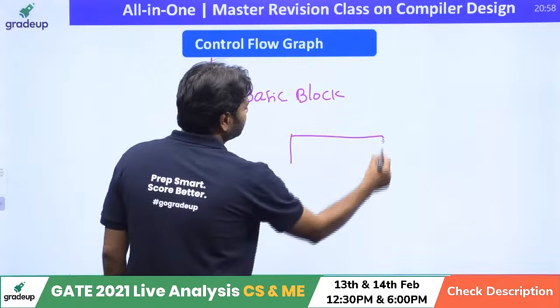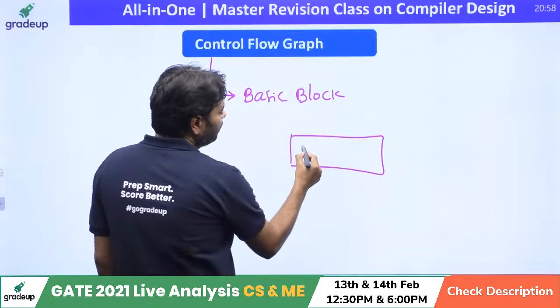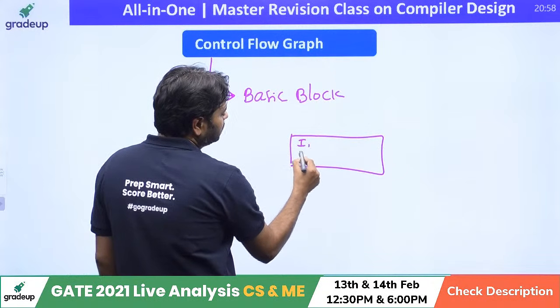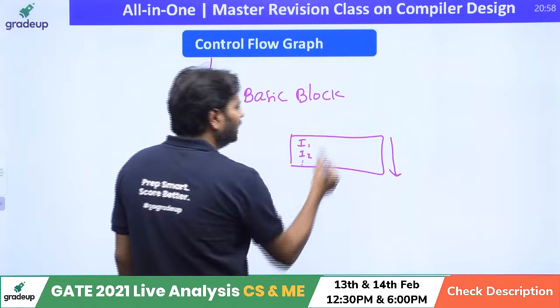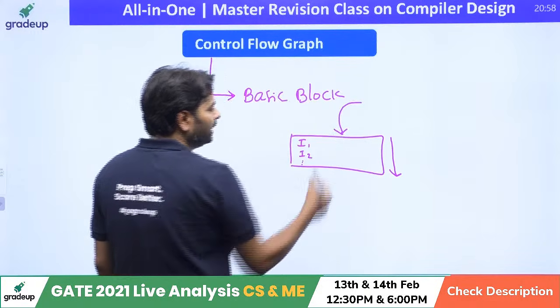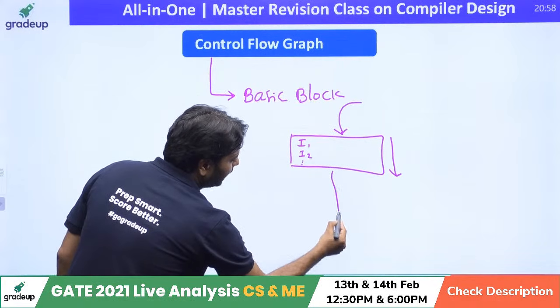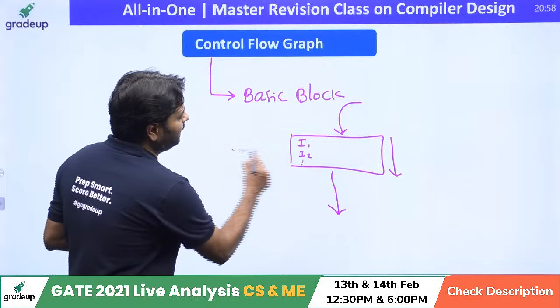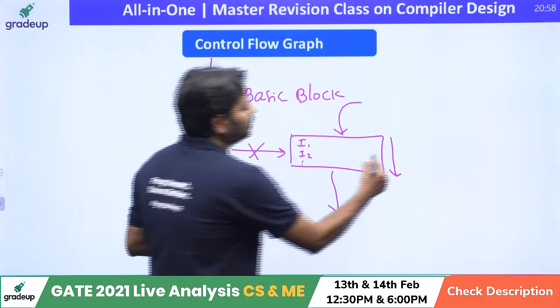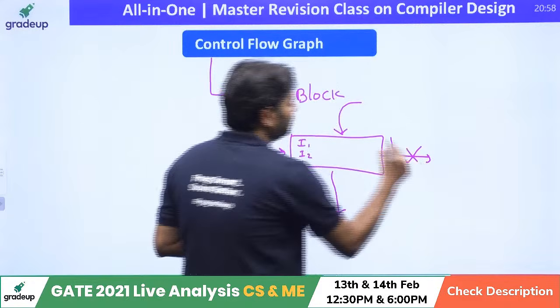A basic block is nothing but a set of instructions like I1, I2 and so on. The execution must be sequential and the control only enters at the beginning and only leaves from the end. The control never enters in the middle of the block and never leaves from the middle of the block.